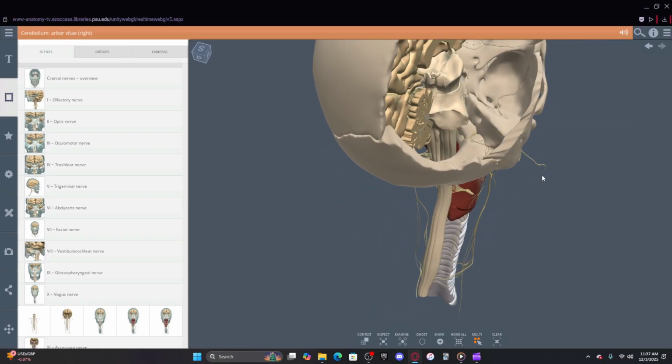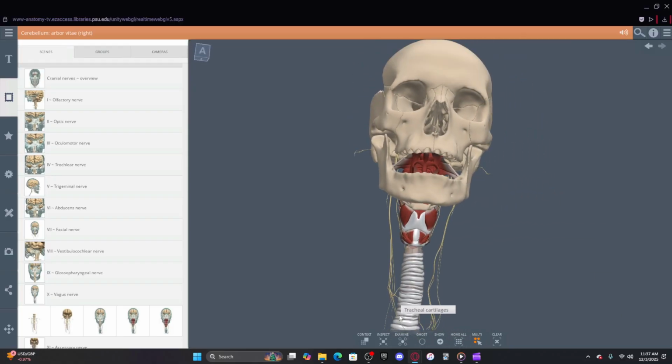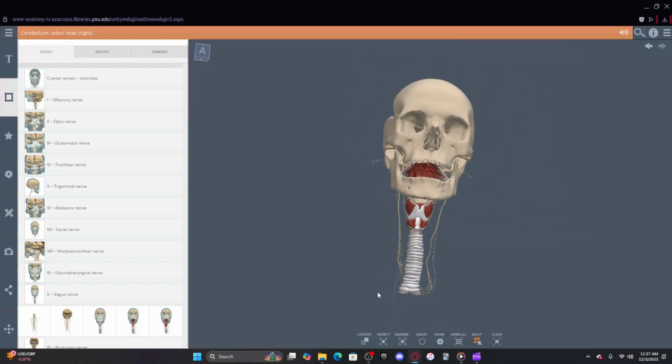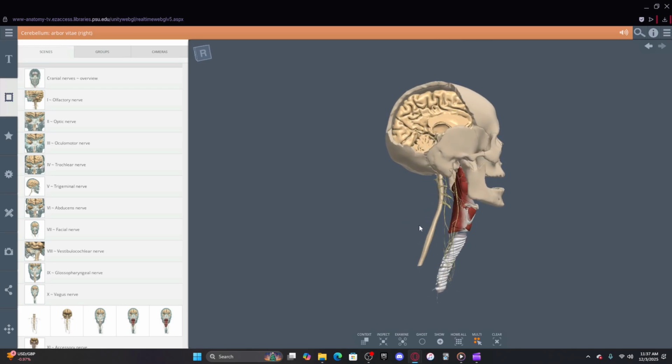Cranial nerve number 10, vagus nerve, and you can see it traveling all the way down, all the way down to innervate some autonomic structures, to deal with some autonomic innervation.